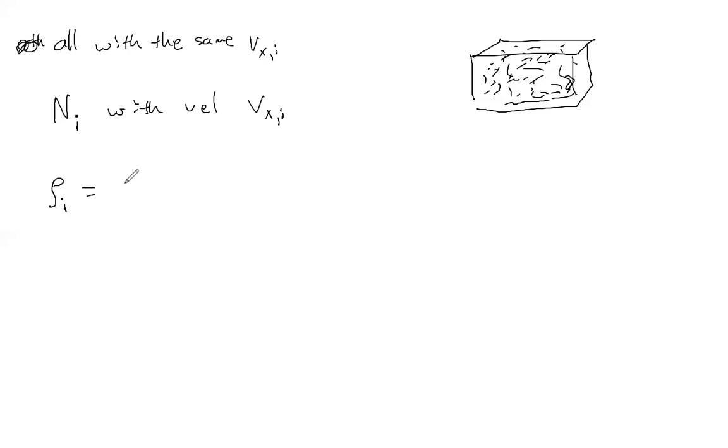I'm going to call that Ni over the total volume, so the number with velocity Vxi per volume V.